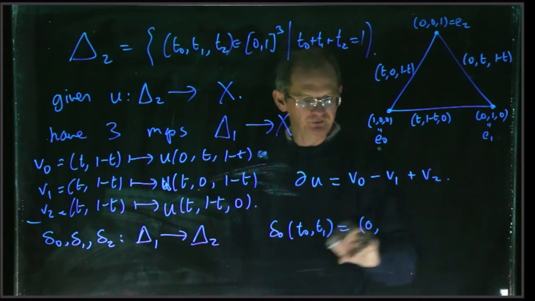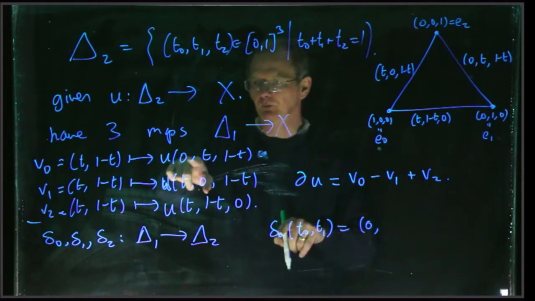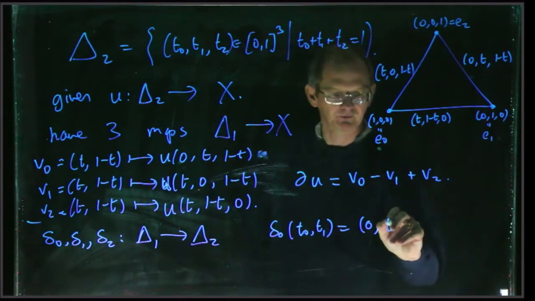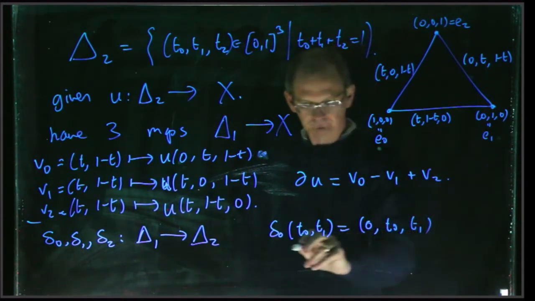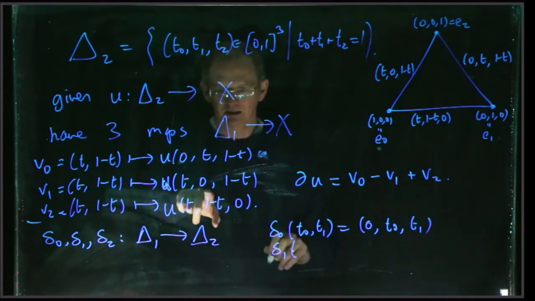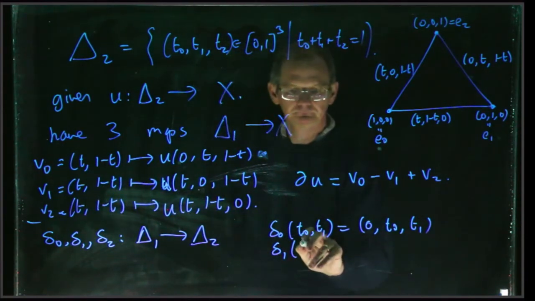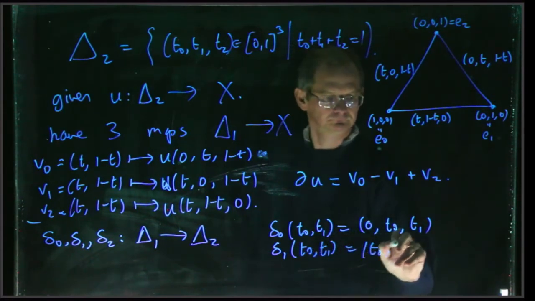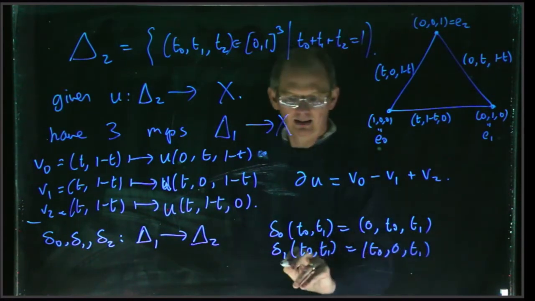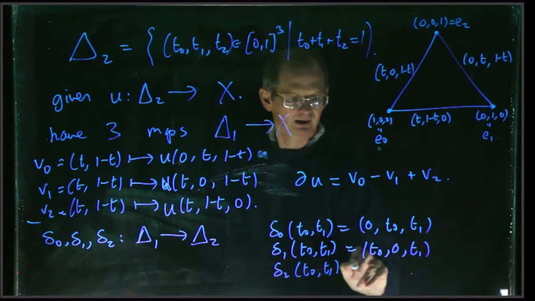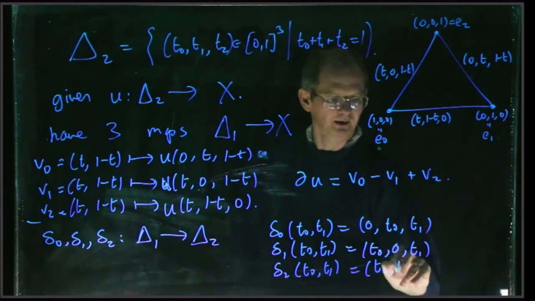This is the one where you just insert a 0 at the beginning. That's what we did over here, we stuffed in a 0 there. And delta 1 is basically what's going on here, where we stick in a 0 in the middle. And delta 2 is where we stick in a 0 on the end.